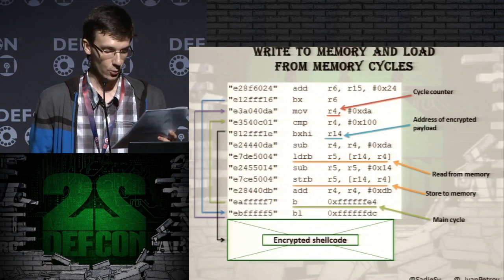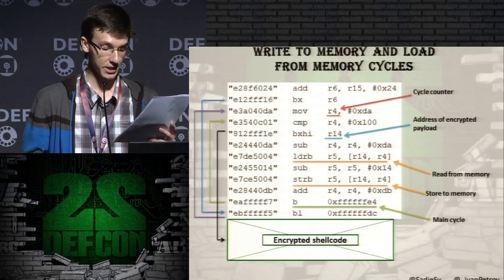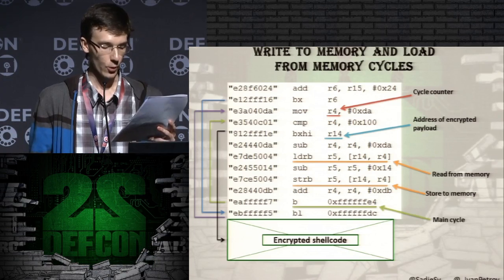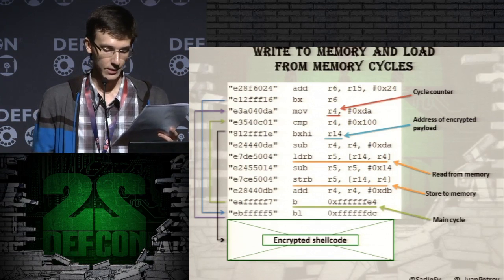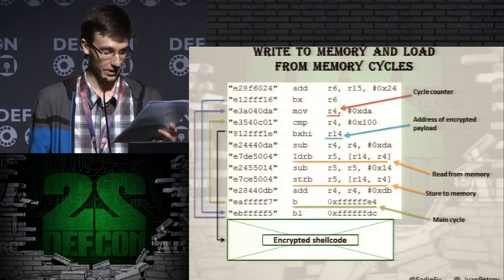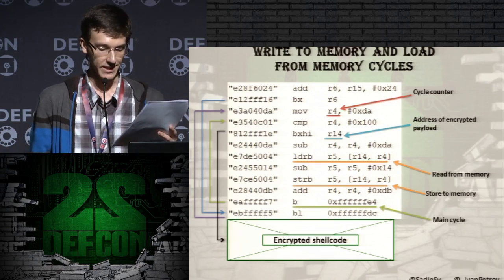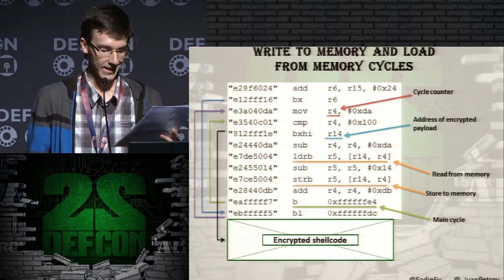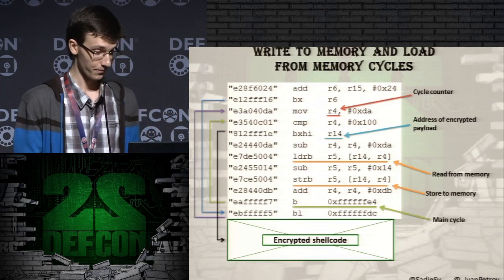In R4, we put the count of the cycle, and with the use of R14, we write the shellcode where the shellcode will be executed. In this instruction, we had put the value of the program counter register, so it refers to the shellcode. We see there is a cycle, and it covers two instructions: load and store.